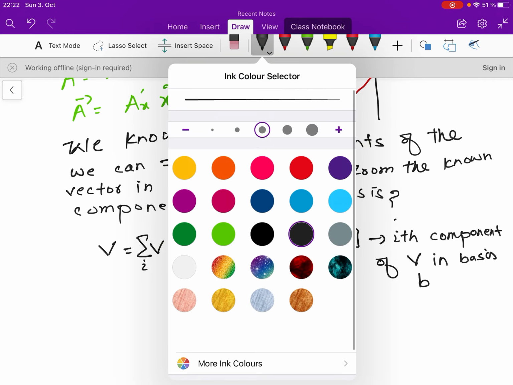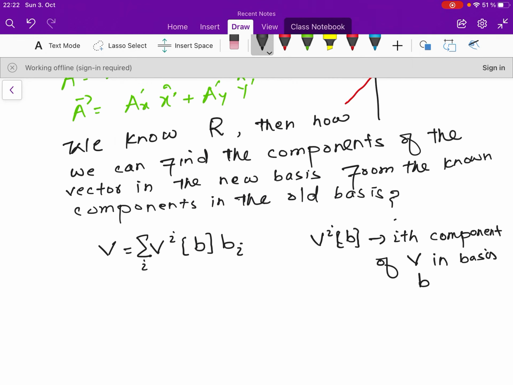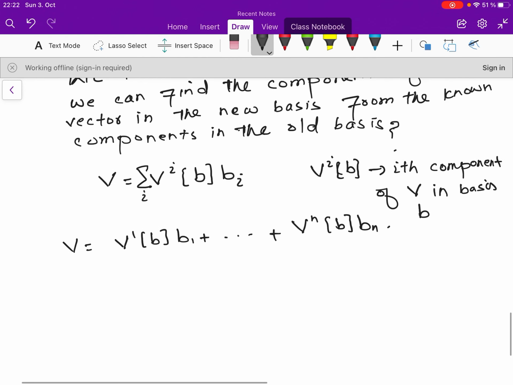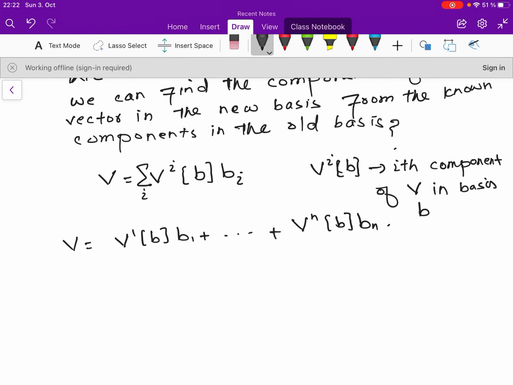Or you can write this also in this manner. V becomes equal to, if I expand this, V^1 in basis B times b_1, plus this summation will go up to V^n in basis B times b_n. Okay, so I can write this also in this manner.